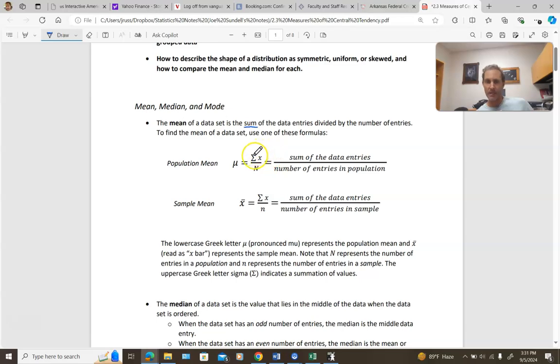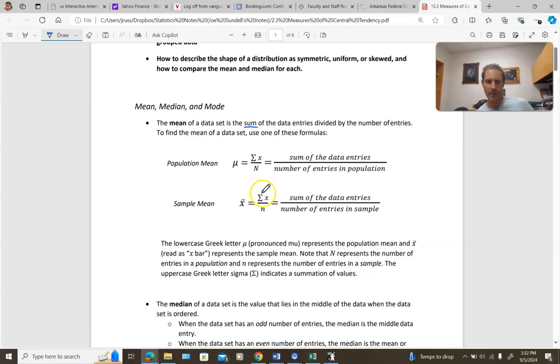And you find it by summing up all your x's and dividing that by the size of the population, this capital N. So contrast capital N with lowercase n. Capital N always refers to the size of a population, and lowercase n always refers to the size of a sample. And then for the mean of a sample, we use x bar, an x with a bar over it.